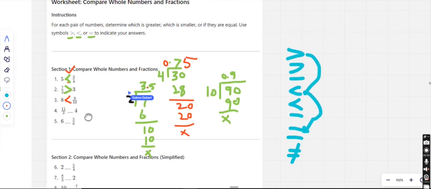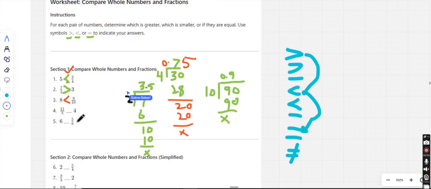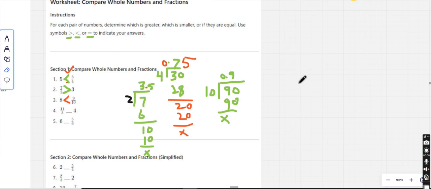Now check question number 4. 11 out of 3 is compared with 4. So we write 11 out of 3 here. 3 is the divisor and 11 is the dividend. Now you check, 11 is greater than 3.